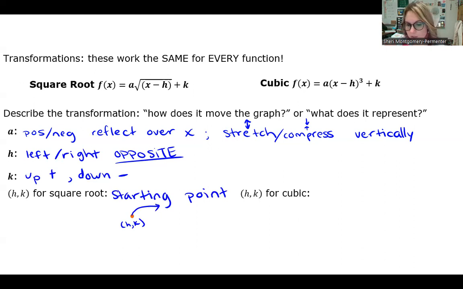And for a cubic function, it's the center. So you can figure out either your center or your starting point from that HK, which is in your equation. Basically, it's just telling you where you're moving your start. You're moving it left, right, or up or down, and that's where you put your starting point.